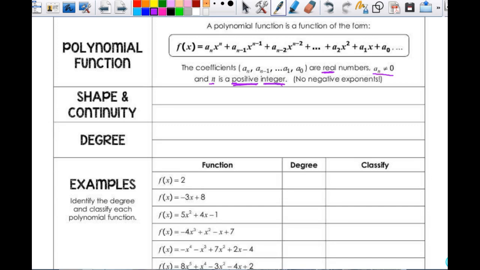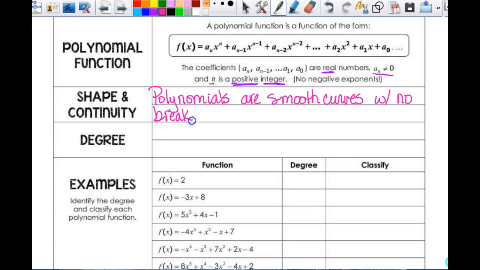Okay, so shape and continuity. Shape is important here. Polynomials are smooth curves with no breaks and are continuous for all real numbers.